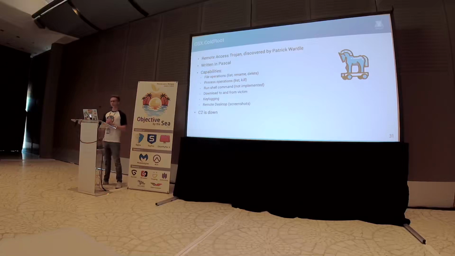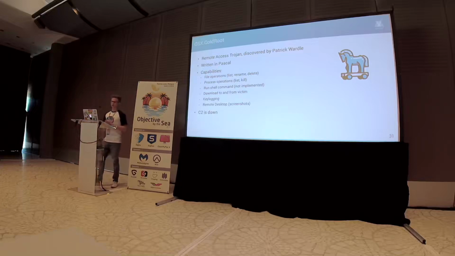And it has many capabilities. So it can do many file operations, it can list and kill processes. Unfortunately, it cannot spawn processes because at least in the version that I had, this wasn't implemented. But we can download to and from the victim, and most interesting, you can do keylogging and remote desktop, so getting screenshots from the victim.